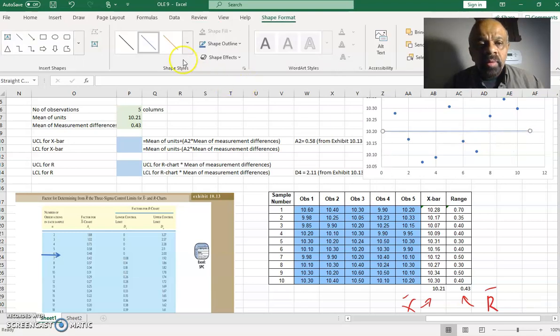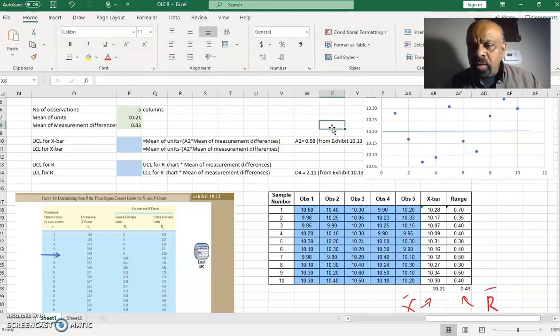And this is my mean. So now I have drawn the whole thing. This is my mean, and these are the points.